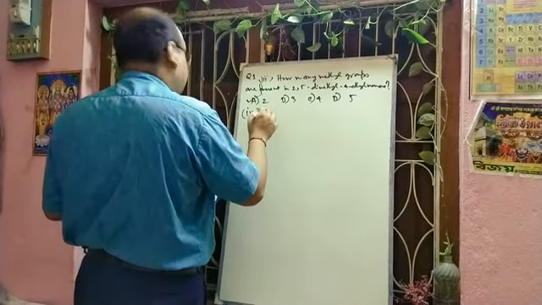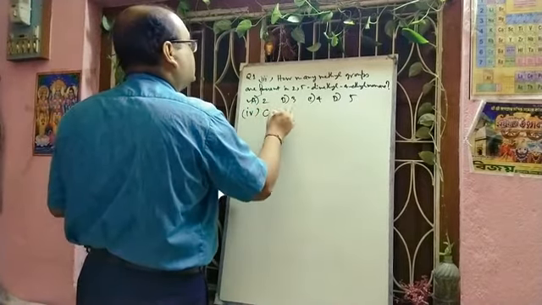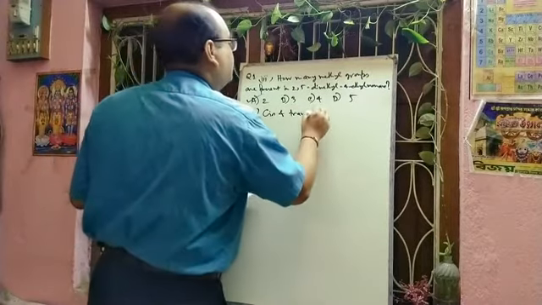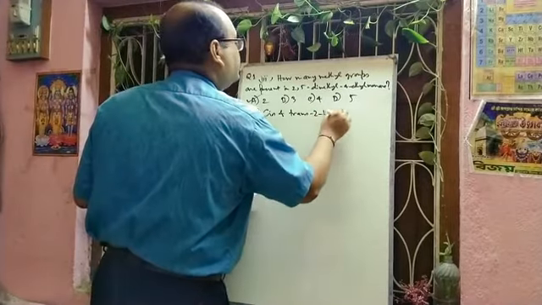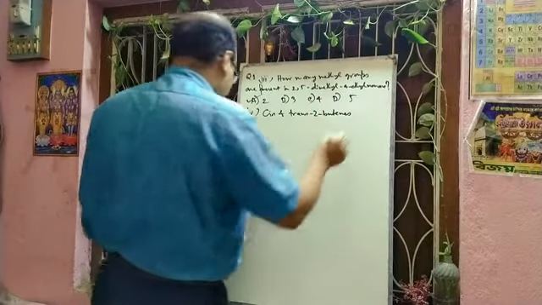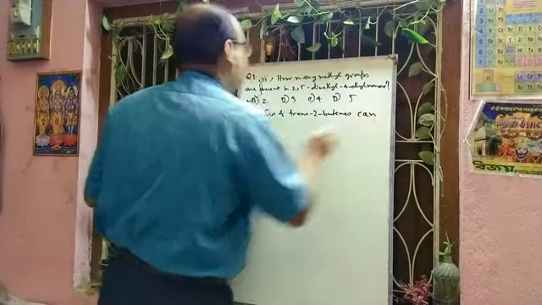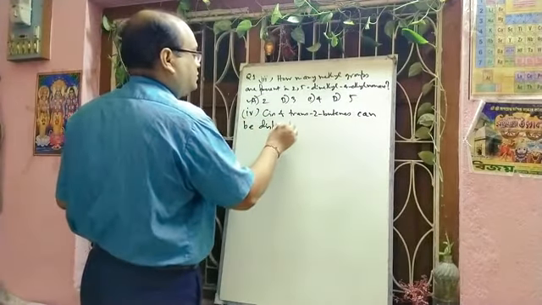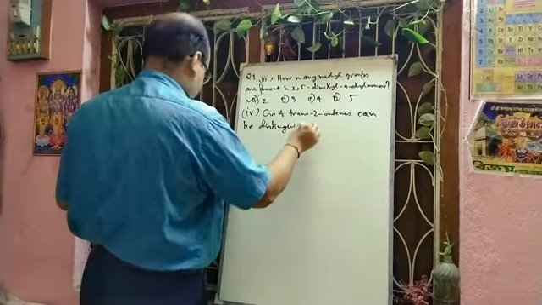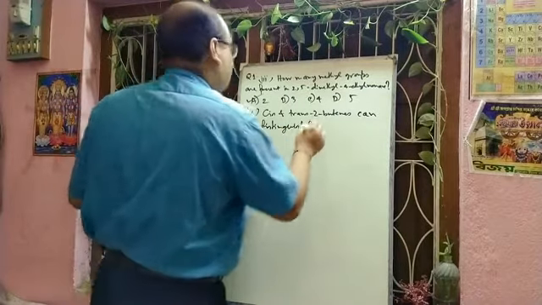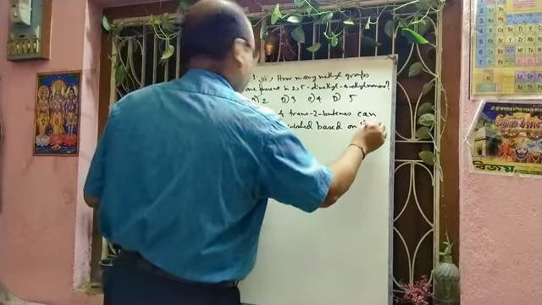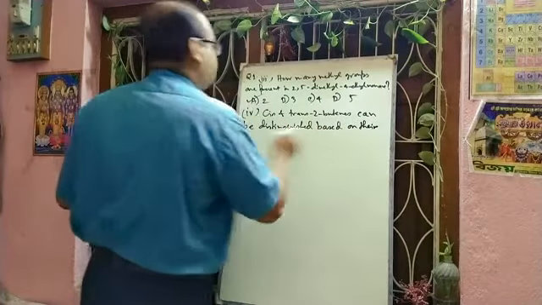that cis and trans 2-butene can be distinguished based on their dash.